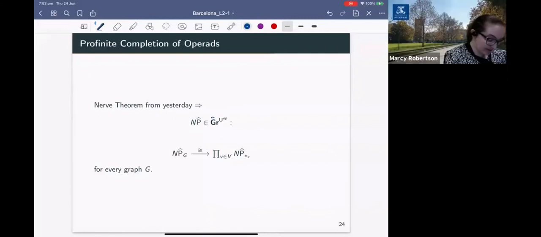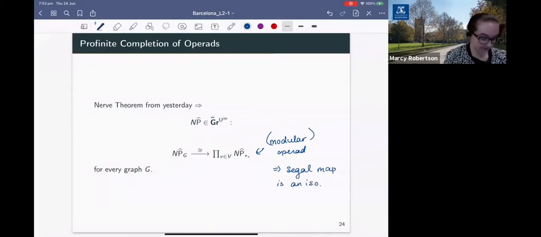So we still have the Segal map here because we have an operad. So a modular operad implies the Segal map is an isomorphism. Still hanging around here.